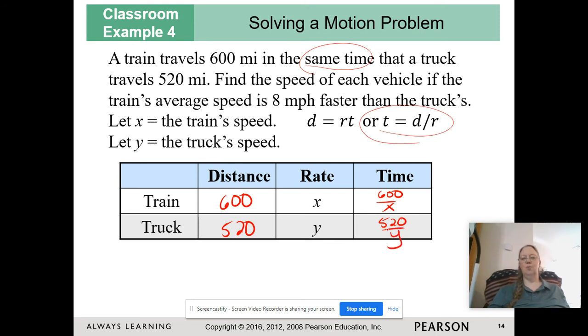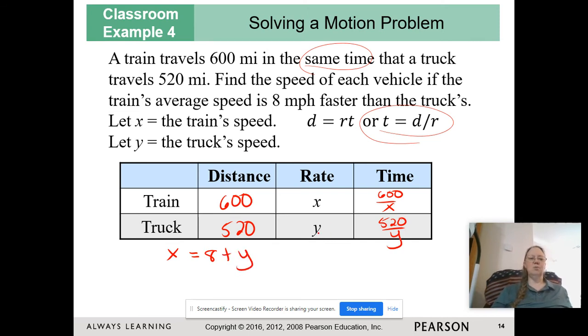over y. Okay. And then find the speed of each vehicle if the train speed, so my train, x, is 8 faster than the truck. Here's my truck speed.